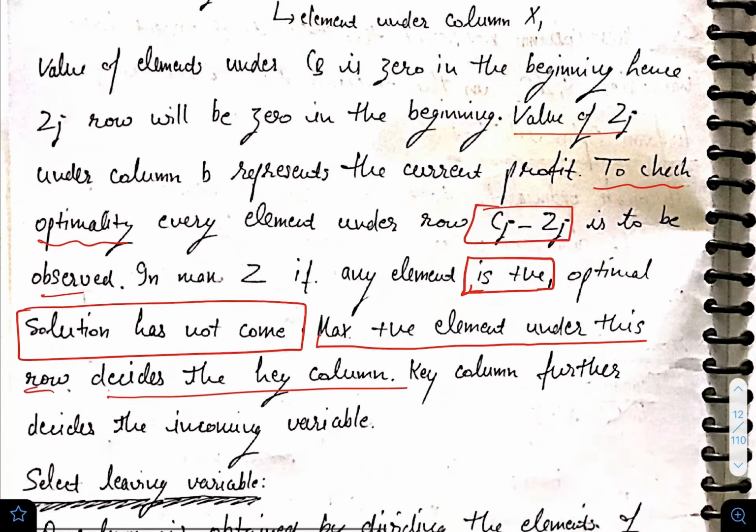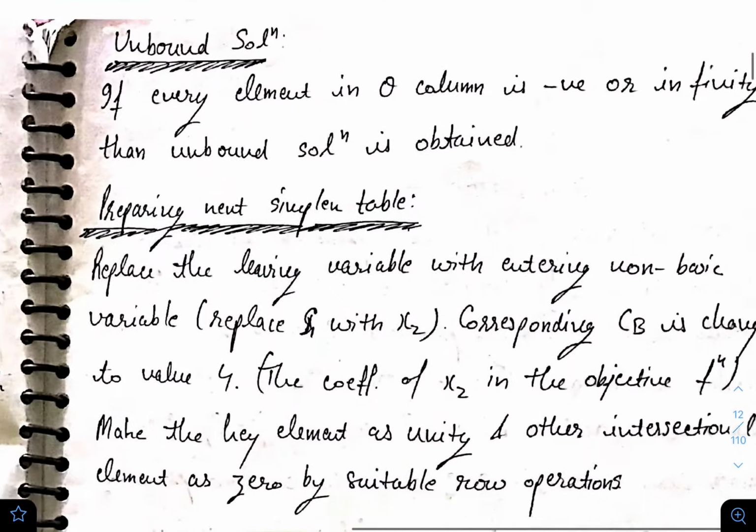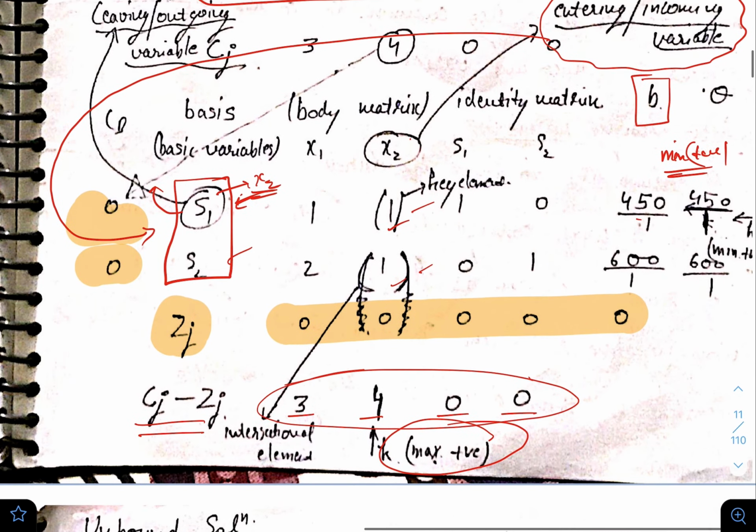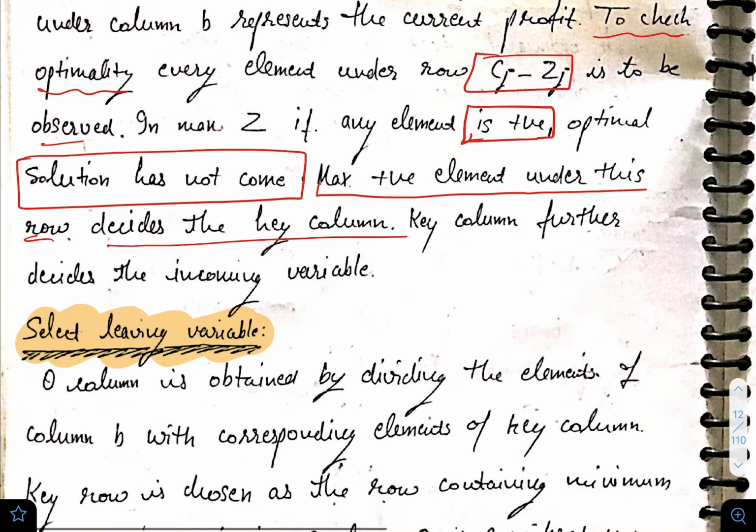See, here it's written how to select the leaving variable. Theta column is obtained by dividing the elements of column B with corresponding elements of the key column. So what we have done here, we have made a new theta column. How? We have divided 450 by the key column elements, 450 by 1 and 600 by 1. This is how we obtained the theta column.